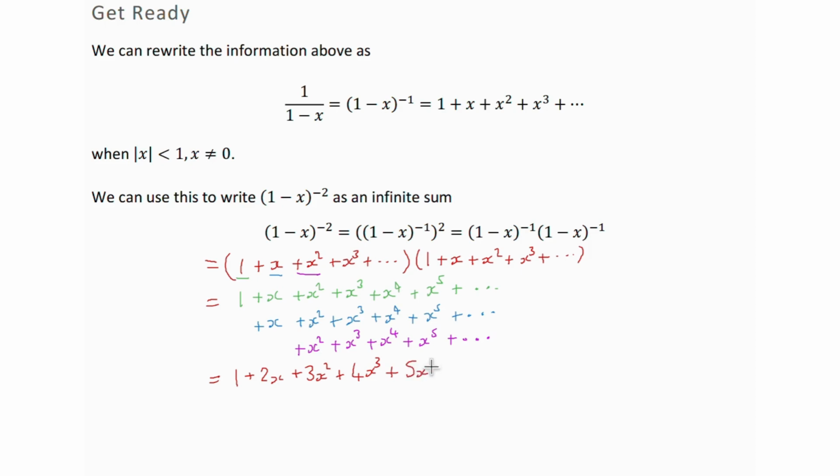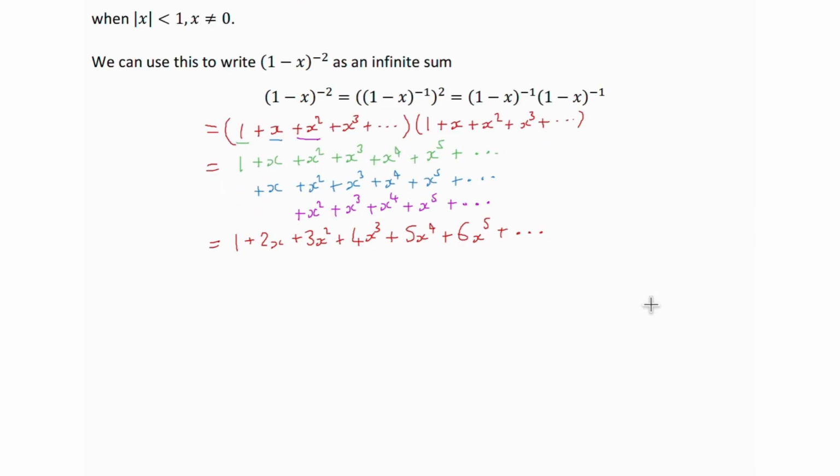And then we're going to have 5 x to the 4s, 6 x to the 5s, and so on forever and ever, following this pattern. And so using this, we've worked out a way to expand (1 minus x) to the minus 2 as an infinite series. This is an infinite sum.